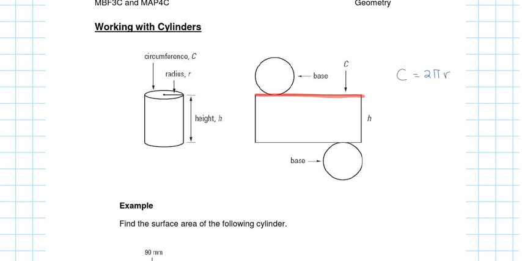Now, if I'm looking at this net, and I want to find the area of the circles and the area of the rectangle, what am I going to end up with? What's the formula for the area of a circle? Pi r squared, and I have two of them, correct?